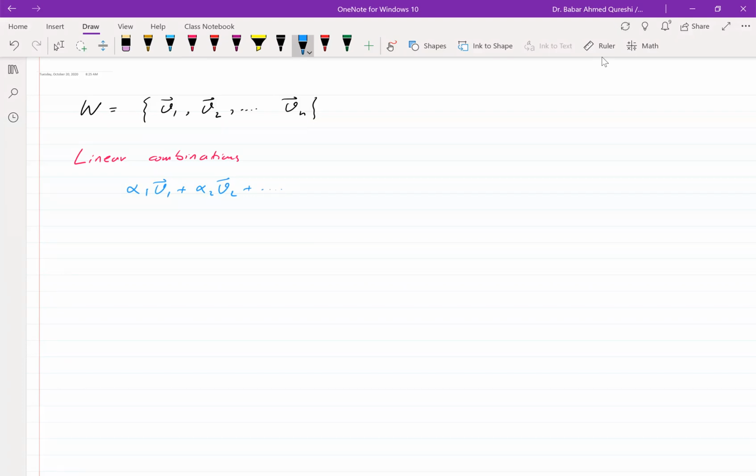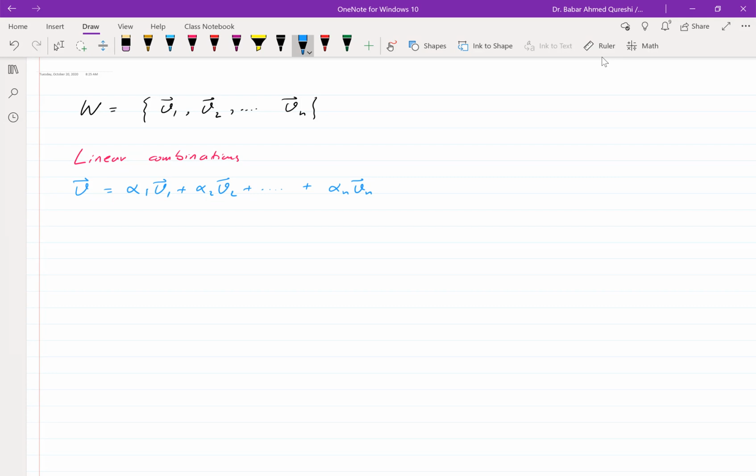I hope people can hear me on the other side. So these are vectors from a vector space. So if I make a linear combination, I still get a vector back in my vector space.